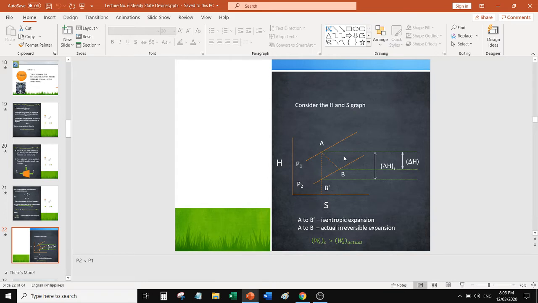Now, if we have an actual process, in real life the entropy is always increasing. We go to a higher entropy. Therefore, in real life, the actual point B, point 2 or the final outlet of the process, is at a higher entropy.